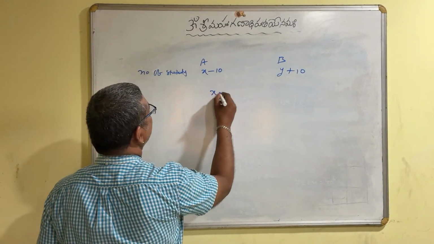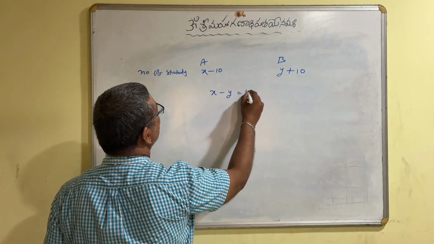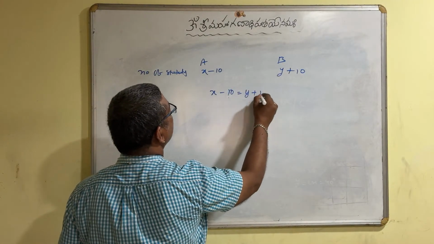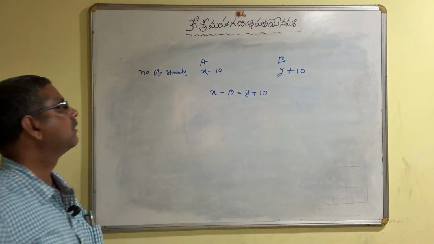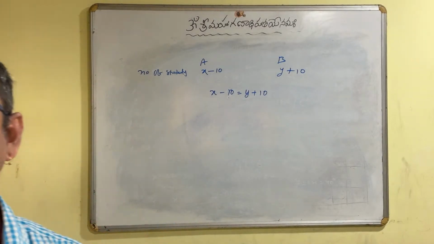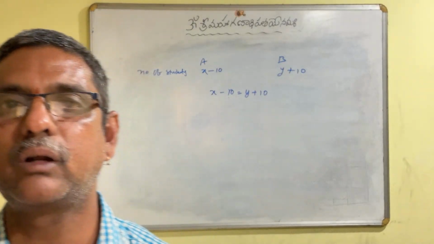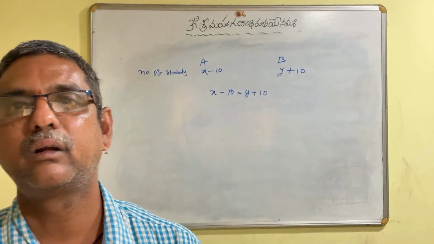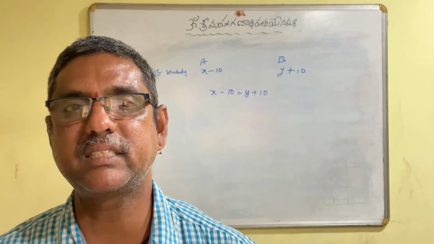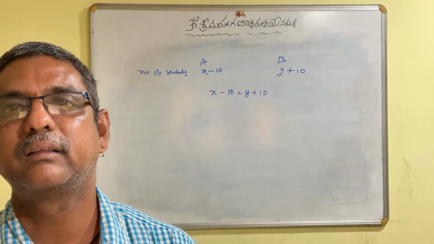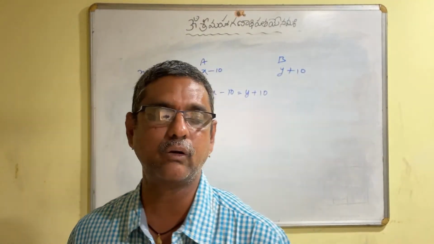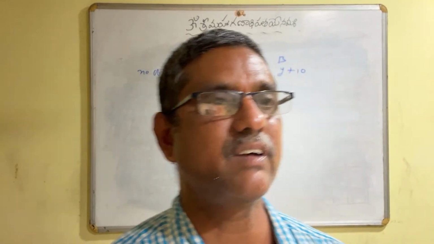That means x minus 10 is equal to y plus 10. If I send 10 students from class A to class B, then the number of students in each class will be same. That means x minus 10 is equal to y plus 10. So that is the first condition.